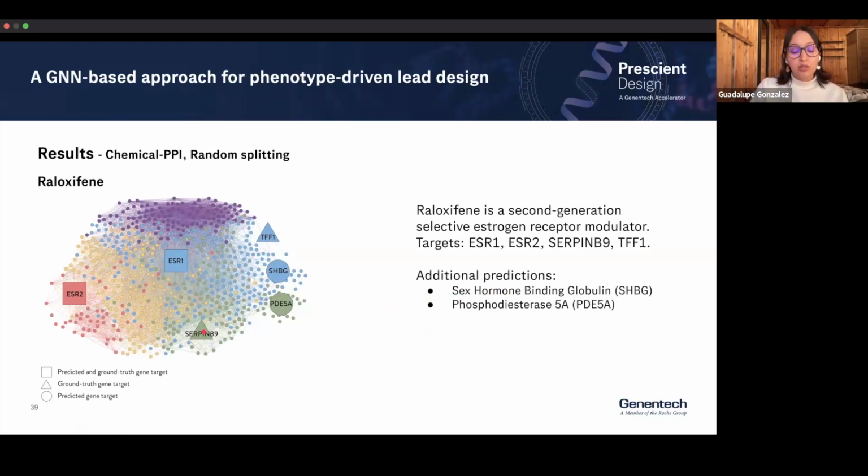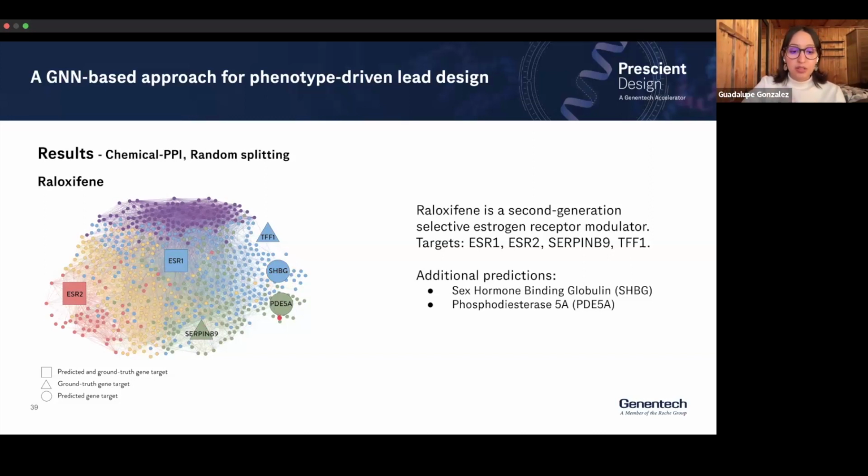A specific mechanism that could explain these predictions is that raloxifene has been documented to increase the levels of SHBG in 3 different cohorts. So that could explain the relationship between raloxifene treatment and the modification of SHBG's expression.